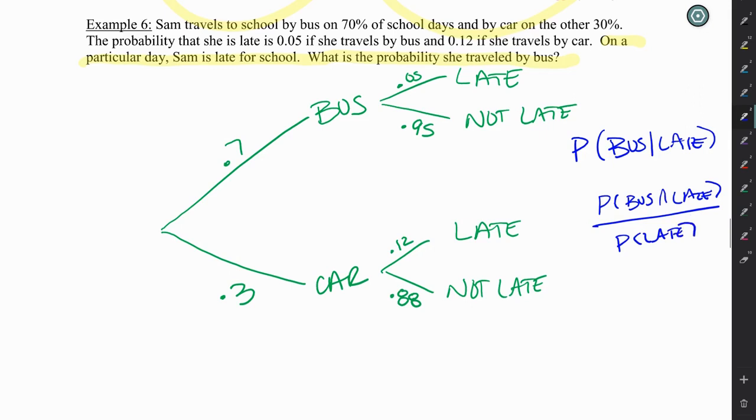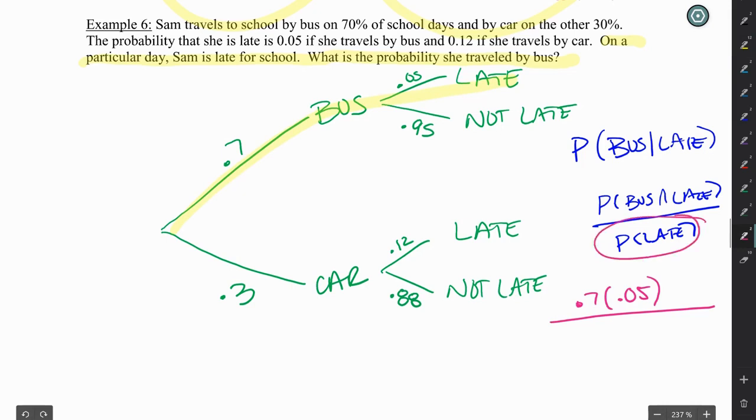The probability that she was late because she was on the bus is this branch up here, late in bus. So that would be 0.7 times 0.05. Now, the probability that she's late, well, there's two ways she can be late. That's 0.7 times 0.05 plus she can also be late down here. So that would be 0.3 times 0.12.